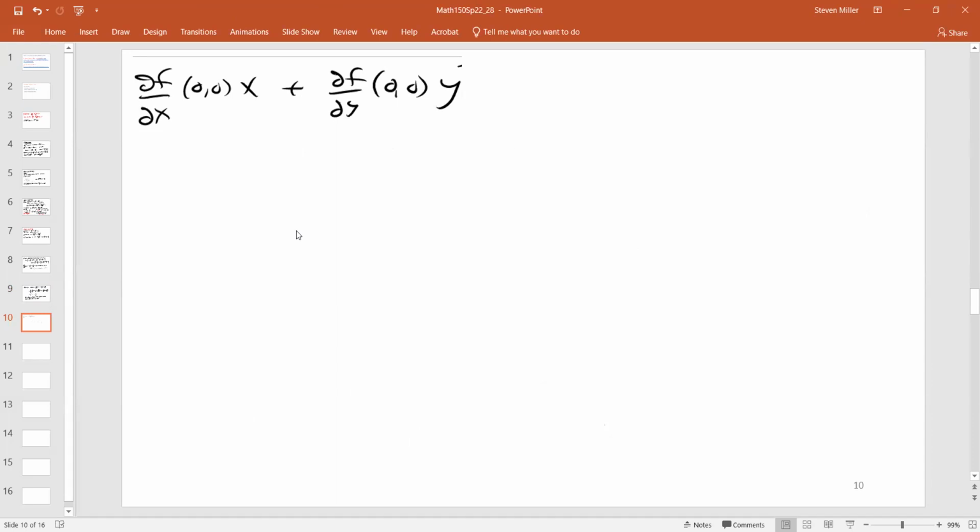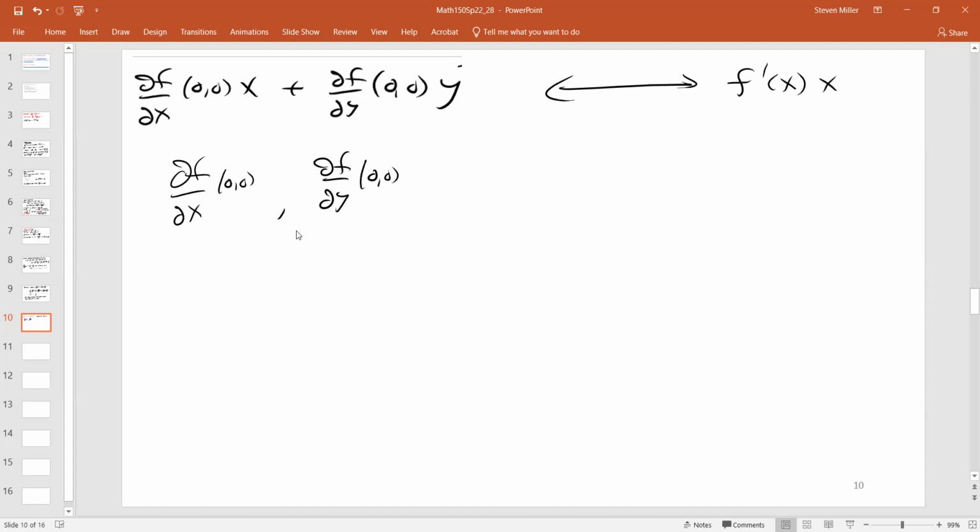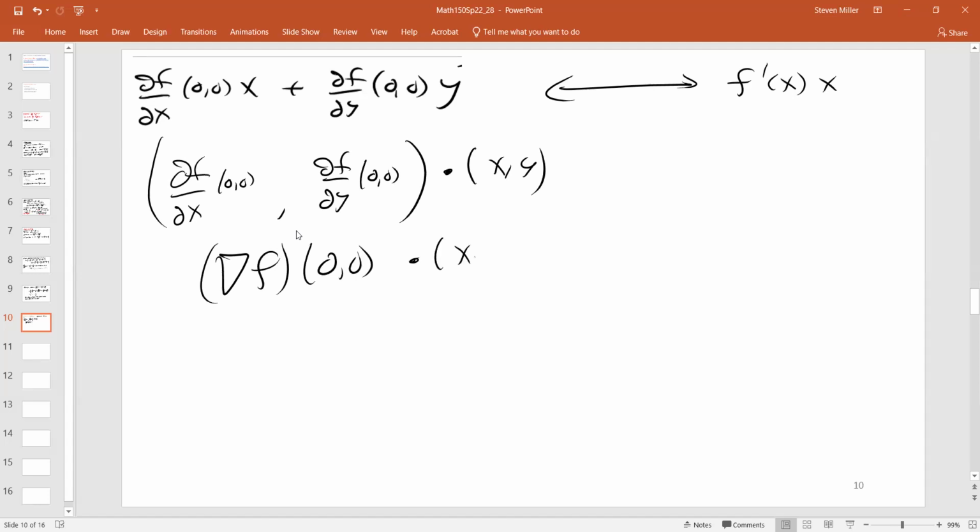So this is corresponding in one dimension to the f prime of x times x. So this is df dx at 0, 0, comma, df dy at 0, 0, dotted with xy. This is the gradient of f at 0, 0, dotted with xy.